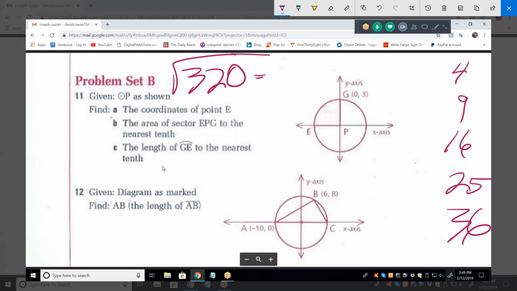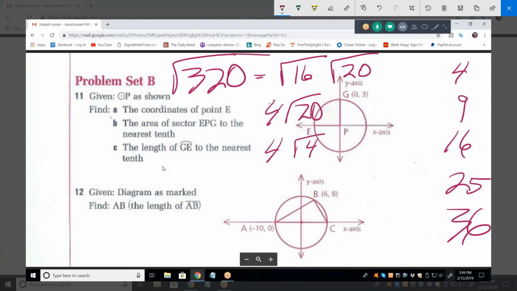Well, notice 16 is exactly half of 32. So that's got to be the square root of 16 times the square root of 20. Well, square root of 16, that's 4 root 20. And it turns out that we still didn't find the biggest one, because root 20 breaks down into root 4 times root 5. So it's actually 8 root 5.